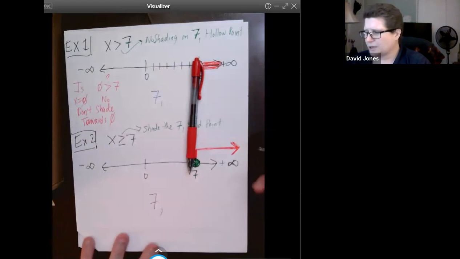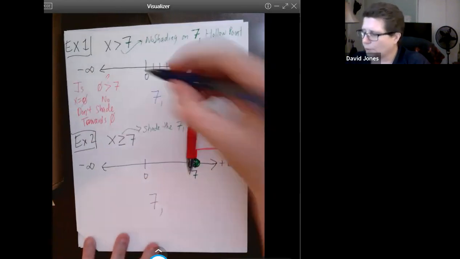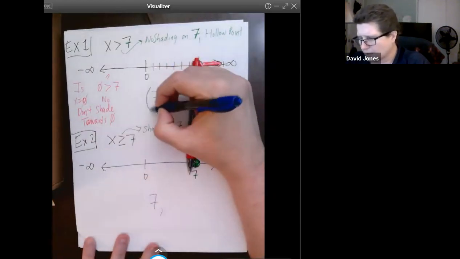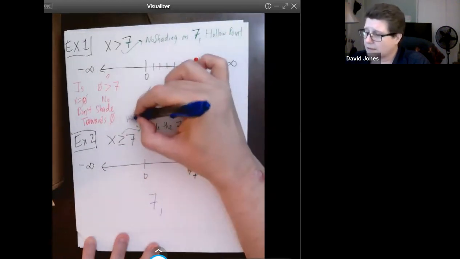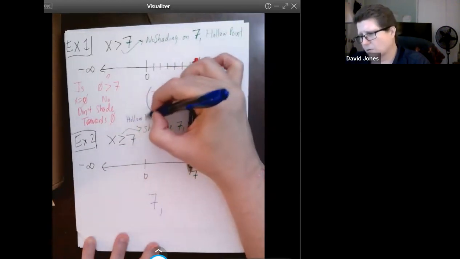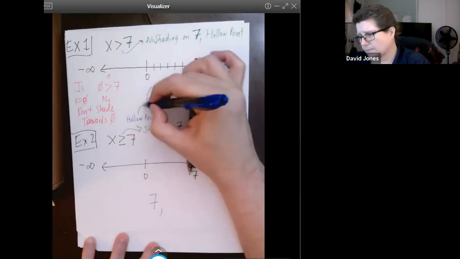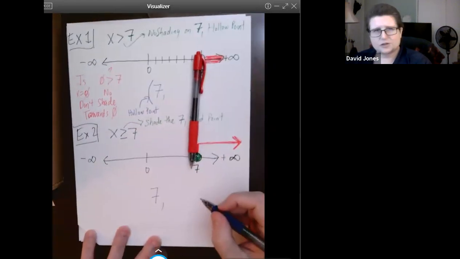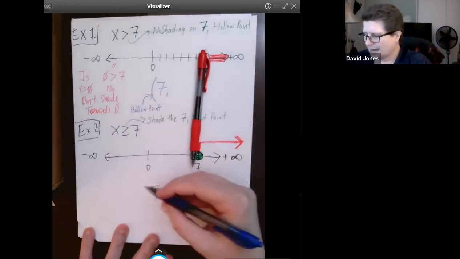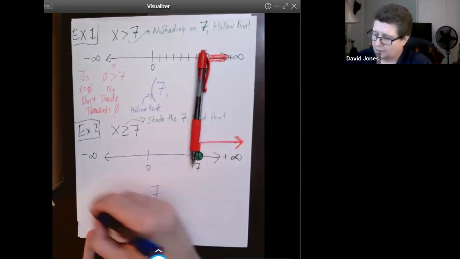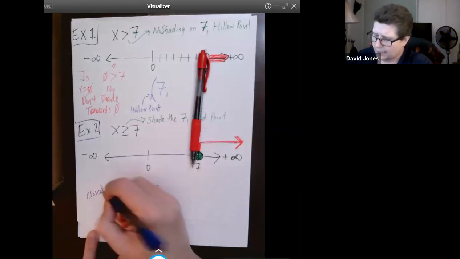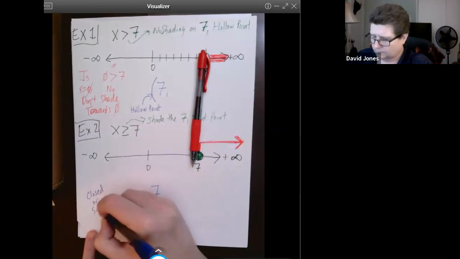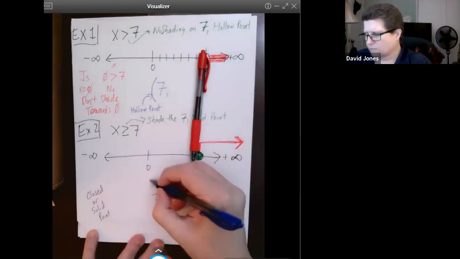On x is greater than 7, I have a hollow point, so I'm going to use parentheses. On x is greater than or equal to 7, I have a closed point or solid point. So I'm going to use a bracket.